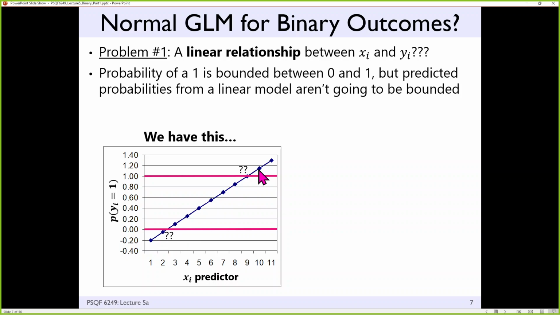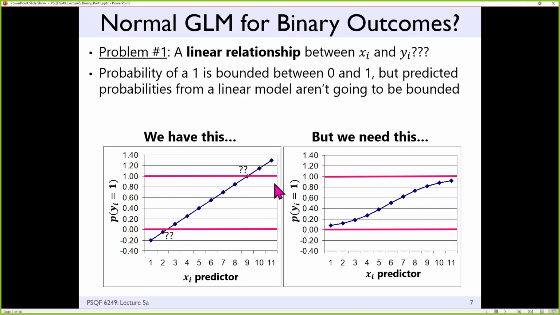That's a problem. What we need is for the model to understand that the highest the probability can possibly be is 1 and the lowest it can be is 0. So we need to take that straight line and turn it into this kind of bendy S-shaped line instead.